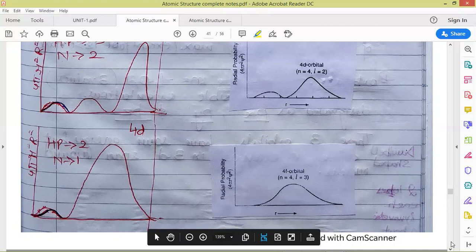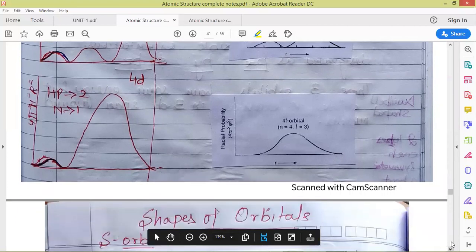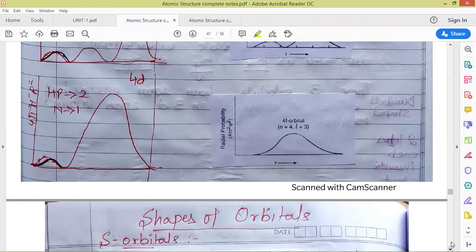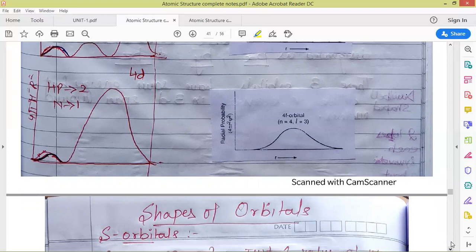This tells us that the shapes of the d and f orbitals are such that their high probability regions are a bit away from the nucleus. They do not penetrate into the nucleus. We will discuss this effect, the penetration of s orbitals being maximum. This further explains the effective nuclear charge, which we'll be discussing later.